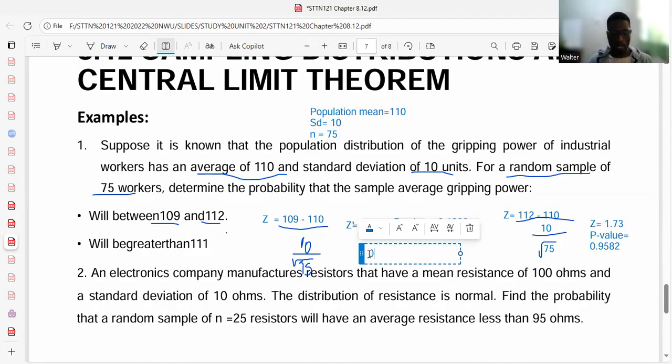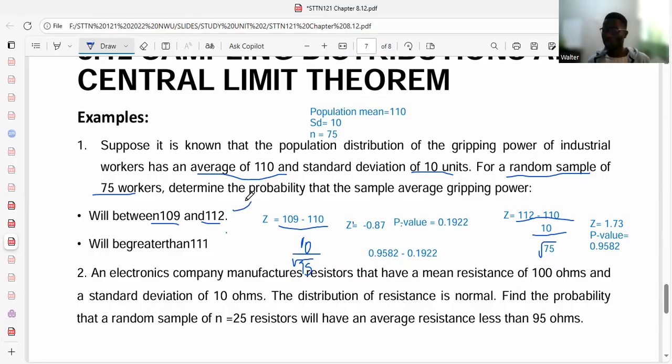So it's 0.9582 minus 0.1922, and then you get the answer. You will get 0.766. The answer for this one is 0.766. And I believe that you guys can do the second one.